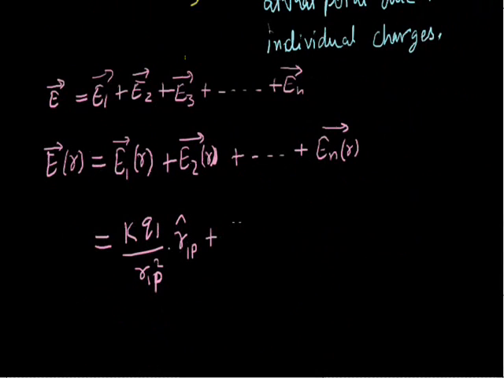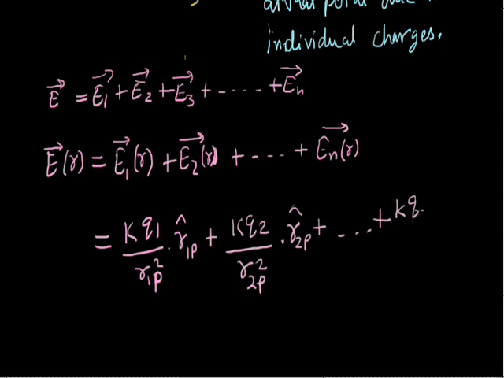r4P. Next we have k Q2 upon r2P square in the direction of r2P vector, so r2P cap, plus k Qn upon rnP square rnP cap.